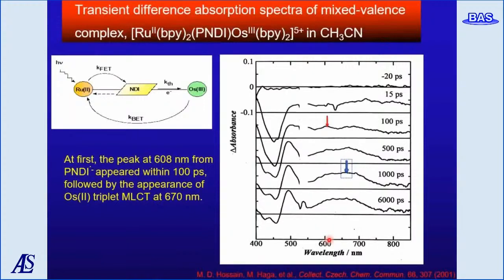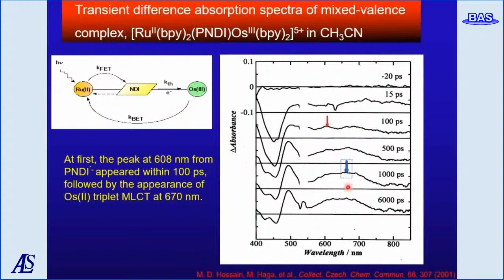Here is shown the transient absorption spectral change of the ruthenium(II)-NDI-osmium(III) complex when photoexcited with pulse light. Immediately after the photoexcitation, a new absorption and a large bleaching of the MLCT absorption are observed around the 600-800 nanometer region.